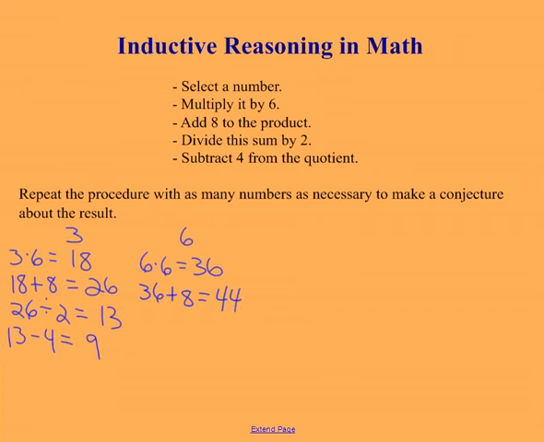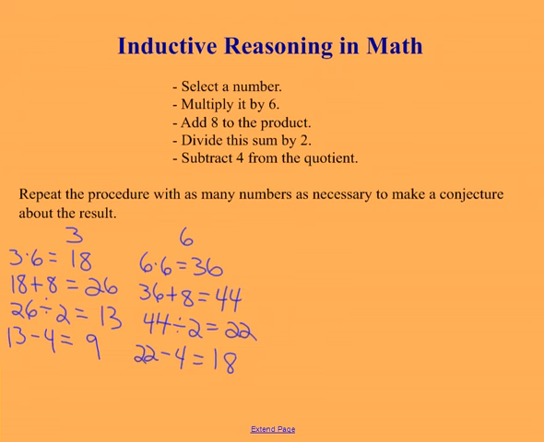Then we divide this sum by 2, so 44 divided by 2 is 22. And then subtract 4 from this quotient, so 22 minus 4 is 18. Okay, so we have 2 examples, and probably not enough to see any sort of pattern yet.